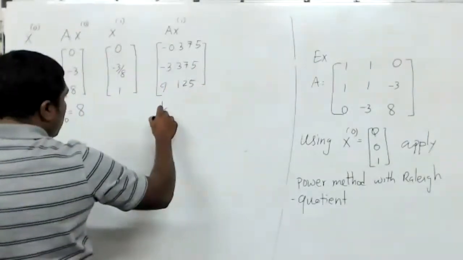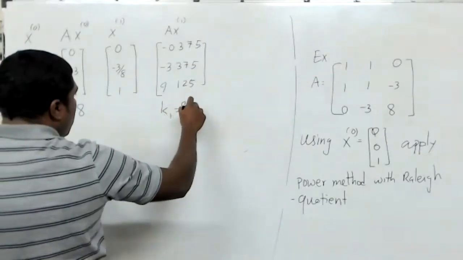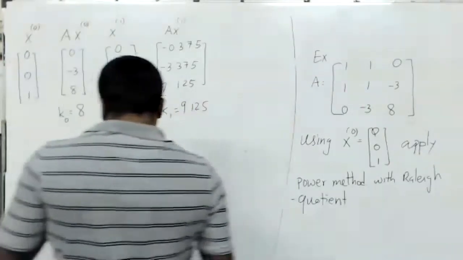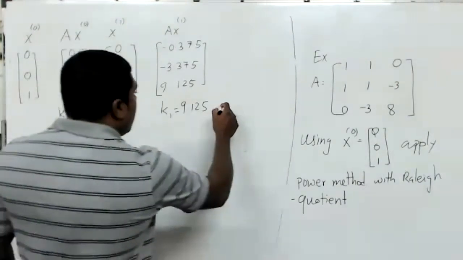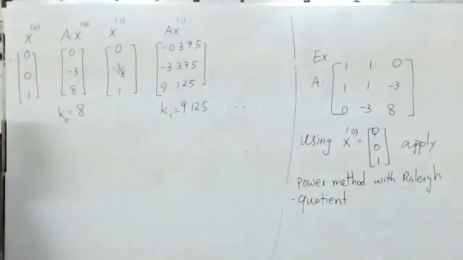So in that case, K1 is equal to 9.125. You keep on continuing computing like this, and that is how you do the power method.